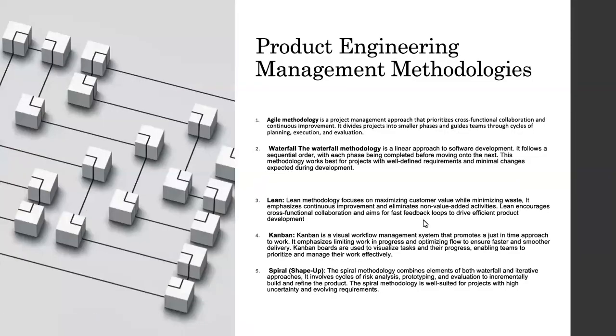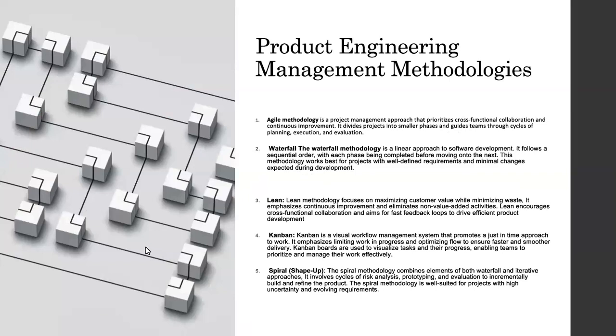So we're going to start with the product engineering management methodologies, which we dived into last week. Like we've earlier stated, here we have the five. So I'll just make a recap since we've gone through it last week.